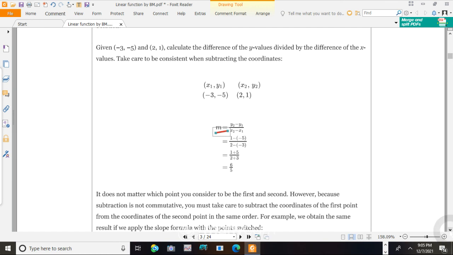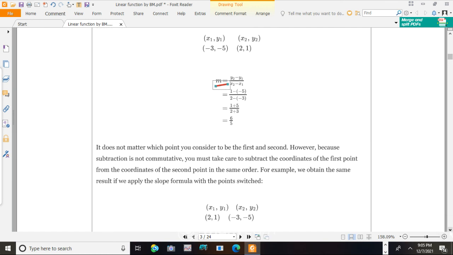So the slope of the line passing through these two points is 6 over 5.